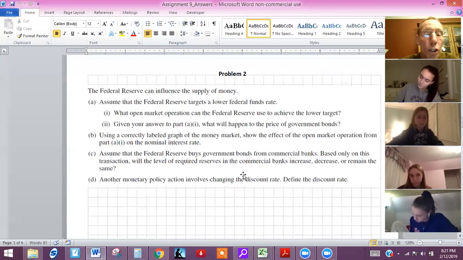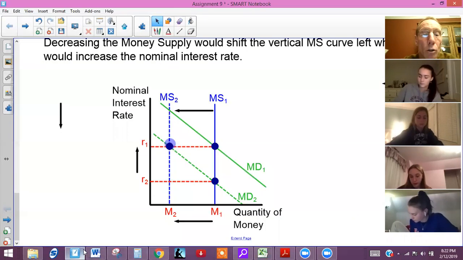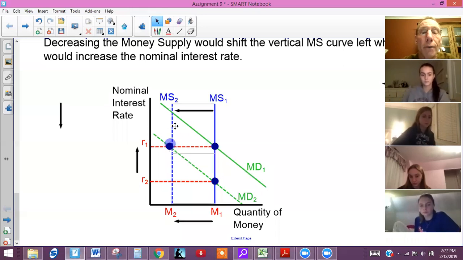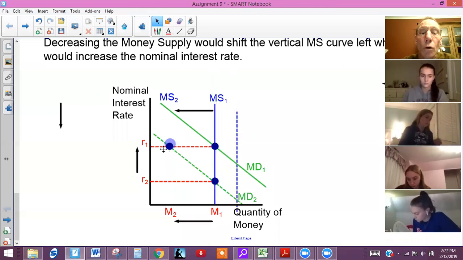Well, we just looked at what they would do to get it to go up, right? So it stands to reason if they increase the money supply, it's going to get it to go down, right? So that's your answer.